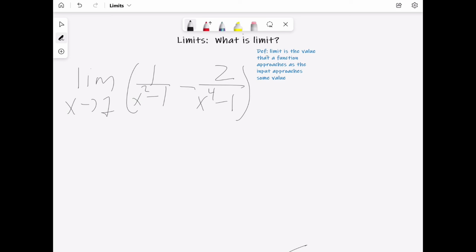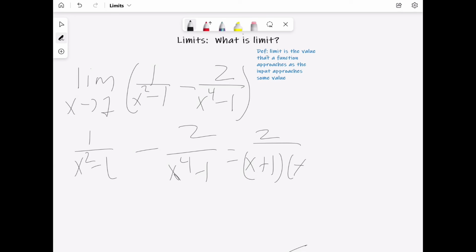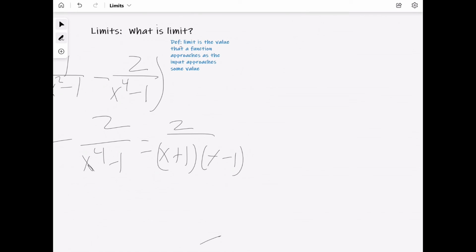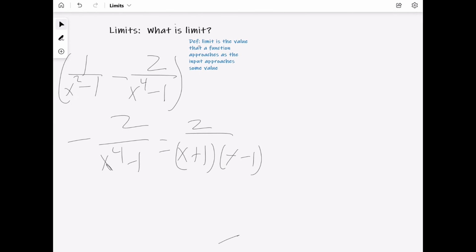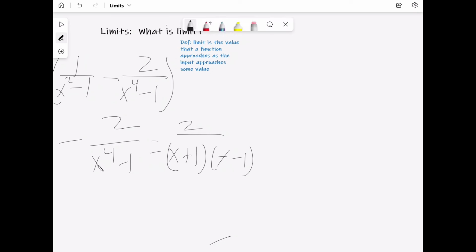Factoring 1 over x squared minus 1 minus 2 over x to the power of 4 minus 1. Let's expand this, which is 1 over x plus 1 times x minus 1, minus 2 over x to the power of 4 minus 1.